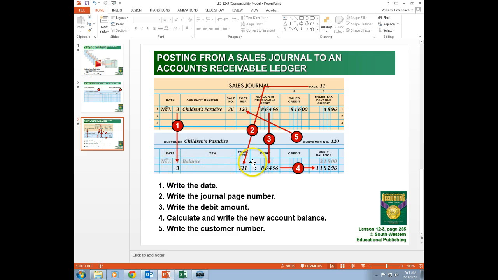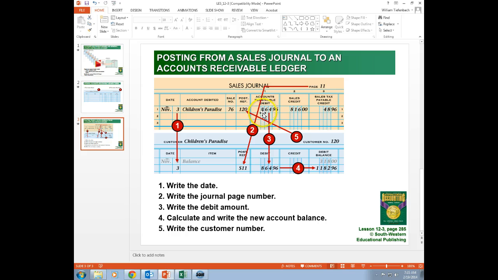We may or may not have a balance here. It looks like we do. Accounts receivable, which is an asset account, always carries a normal debit balance. So we're going to write the date of the transaction, then the post reference number, which proves that we're posting it to this ledger, S sales page 11. It's going to go right here.